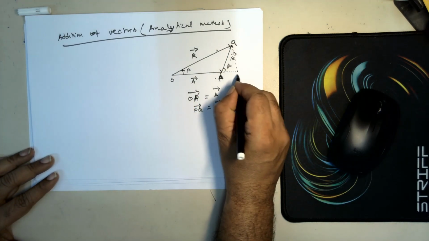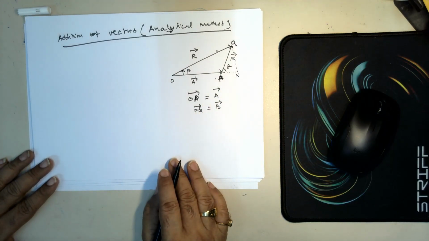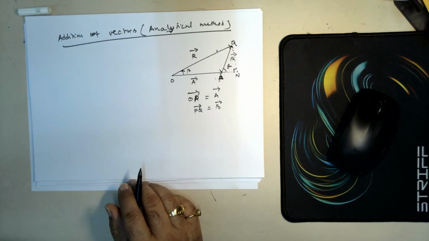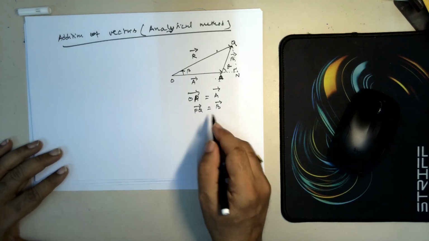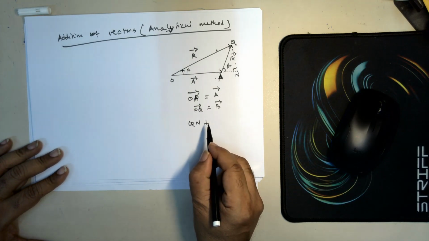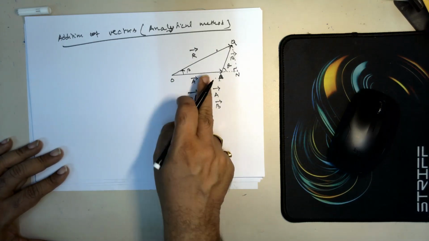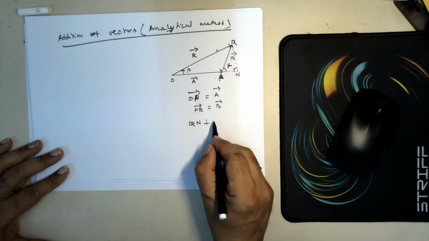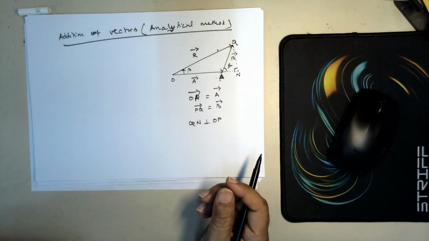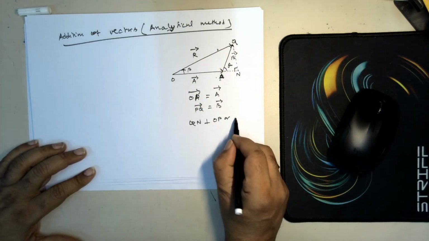And the normal drawn here is QN. Normal means 90 degree. So this QN is perpendicular to OP produced. OP is extended, that is nothing but ON.